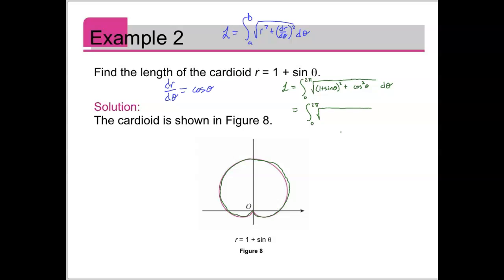Root, it's going to be 1 plus 2 sine theta plus sine squared theta plus cosine squared theta d theta.